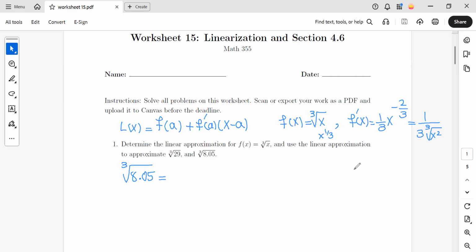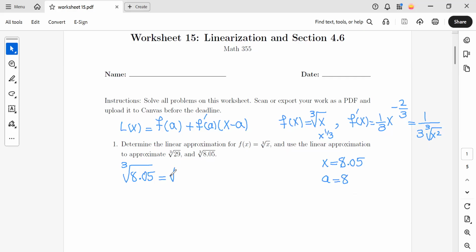So in this case, the number that we are going to find is 8.05, so x would be 8.05. And the number that we know the answer for is just 8.